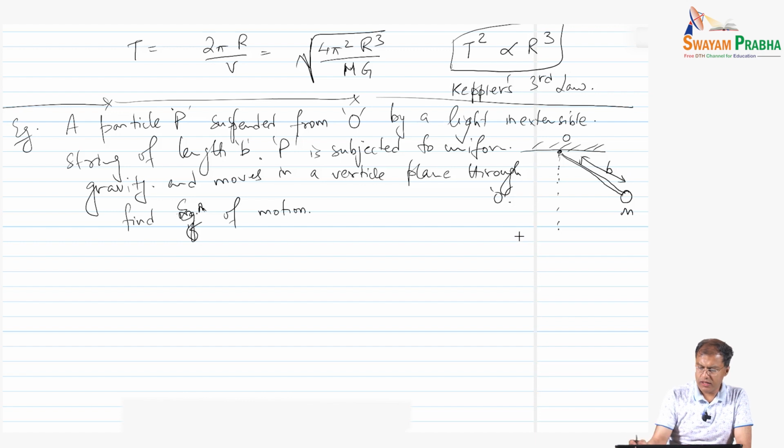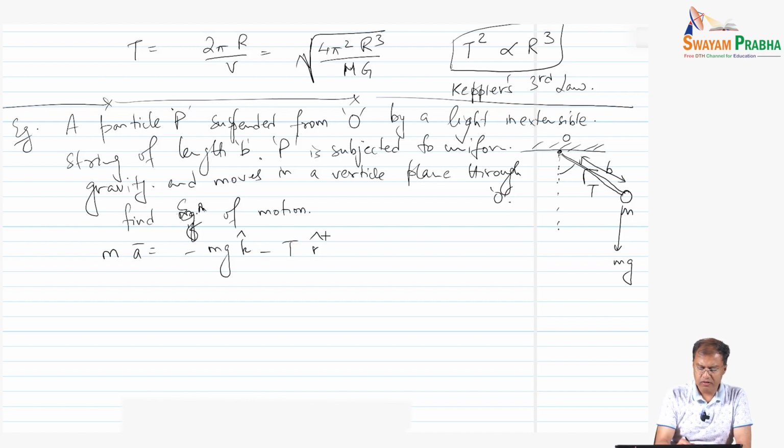So the equation of motion is, we have two components acting as forces on the particle. One is the weight acting vertically downward, and the other is the tension T, which is acting at some angle. So Newton's second law comes out to be ma equals minus mg k minus T r hat.